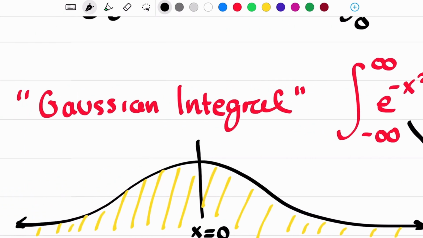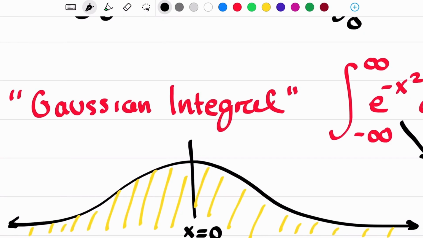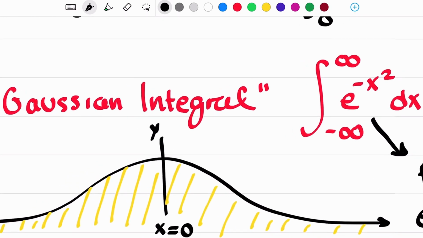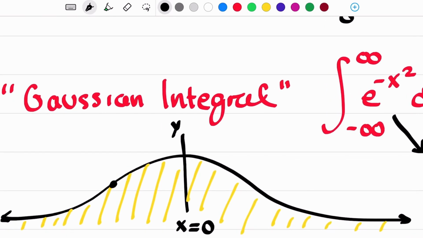Now, what that also means is that it's symmetrical about the y-axis here, right? If I take some output at negative x, it's equal to the same output when you go to x, right? And so what that geometrically also means is that the areas are symmetric about the y-axis too, right? This area over to the left is equal to this area over to the right.